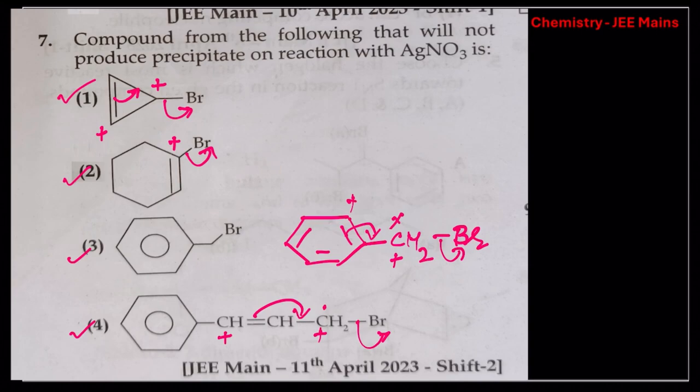So out of 1, 2, 3, 4, the carbocation formed in option 2 is unstable, and therefore this compound will not produce a precipitate on reaction with AgNO3. So the correct answer is option 2.